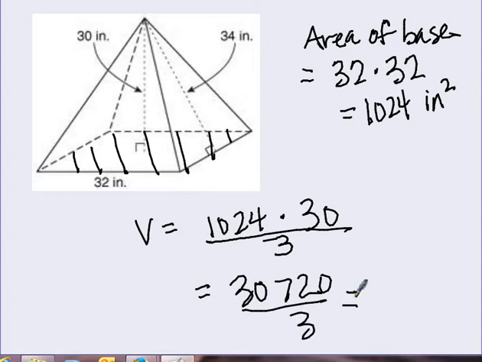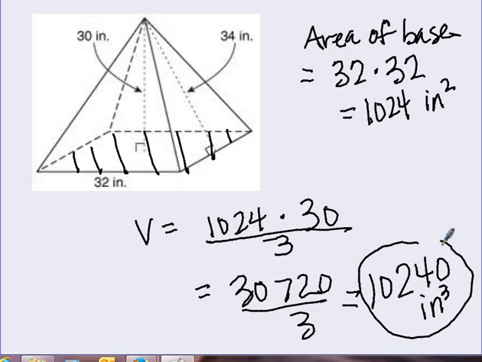And when I divide by 3, I get a final volume of 10,240 cubic inches. This would be the volume of my pyramid. I can fit 10,240 1 inch by 1 inch by 1 inch cubes inside this pyramid.